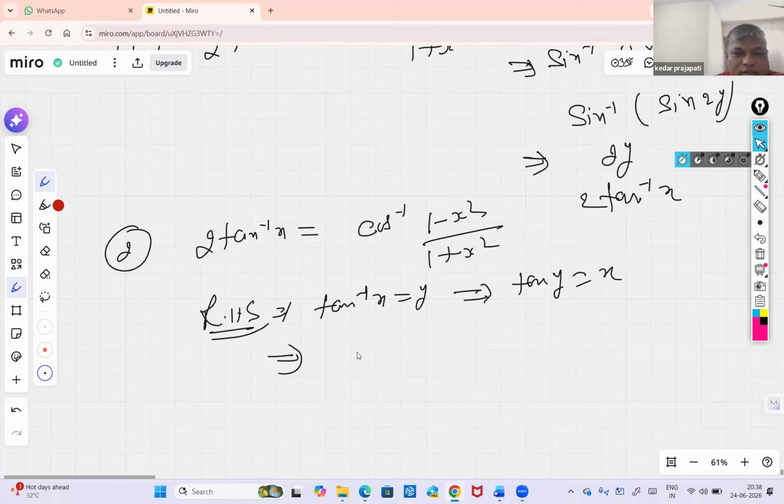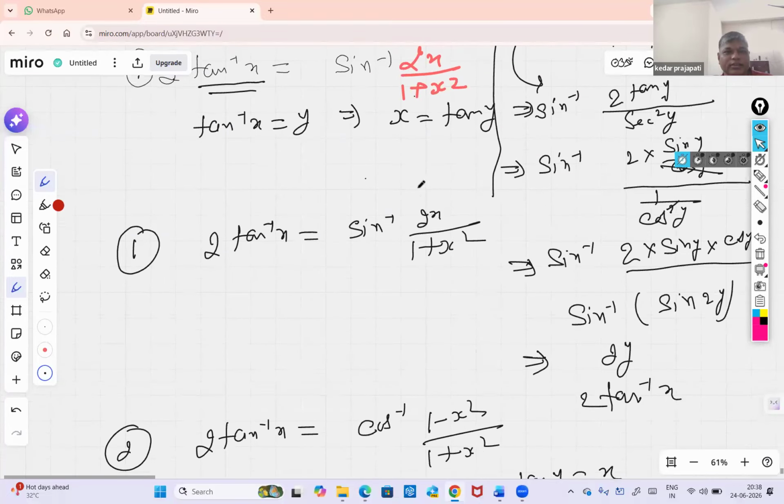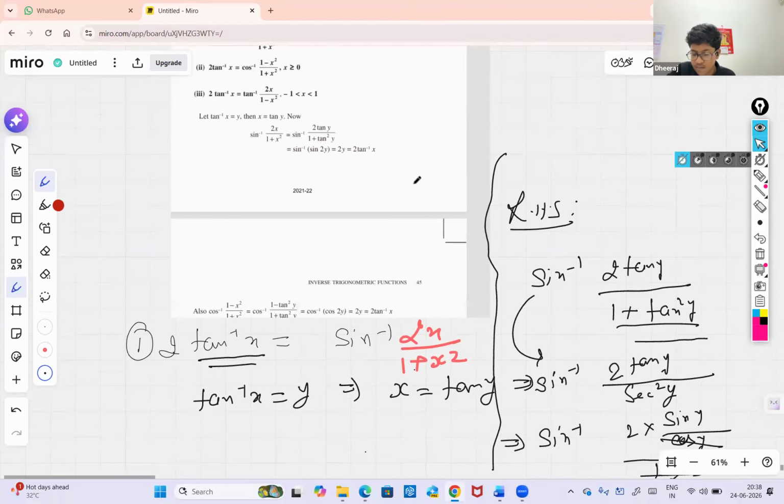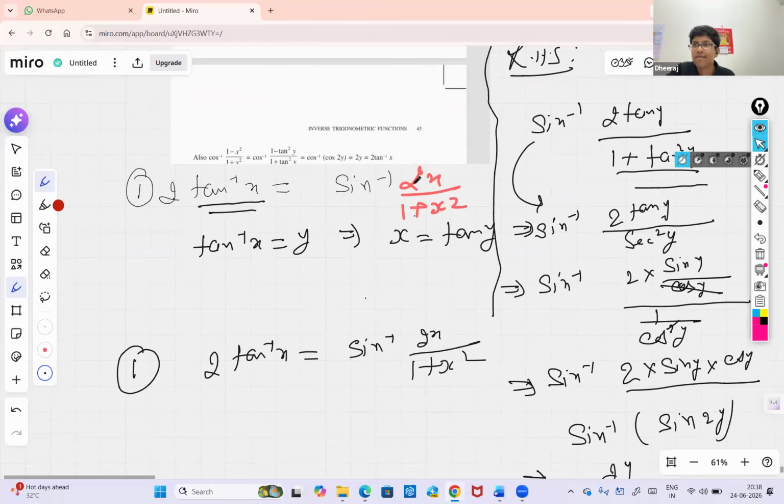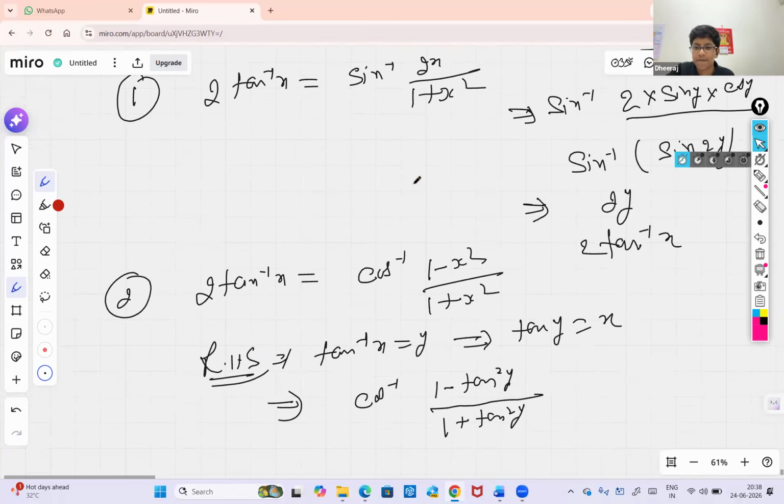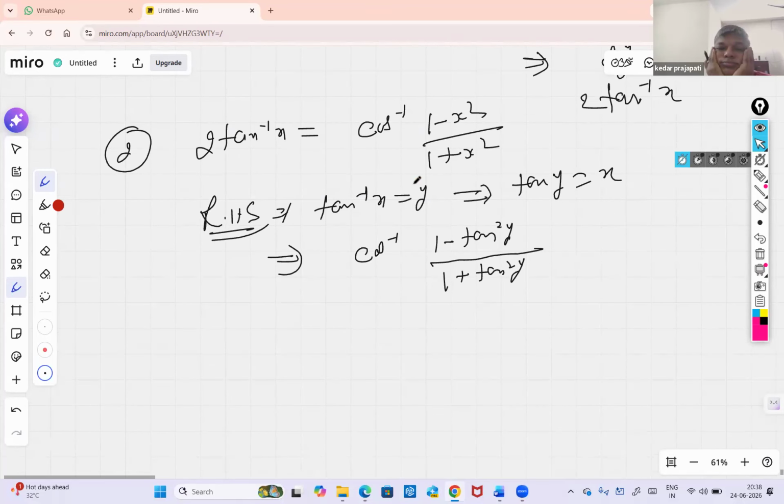What we will get? Cos inverse of 1 minus x square over 1 plus x square, that is 1 minus tan square y over 1 plus tan square y. What is that?